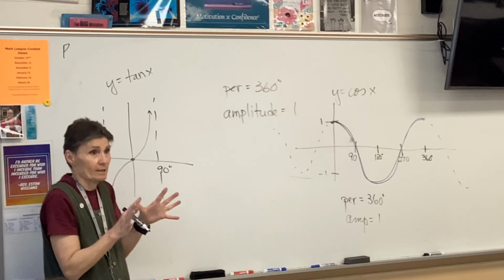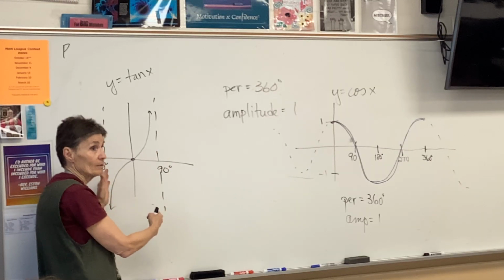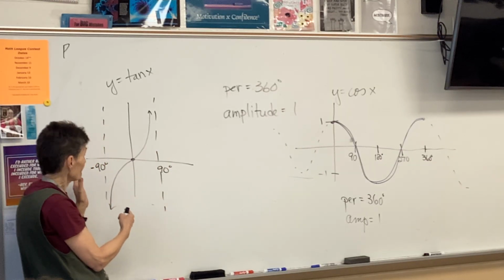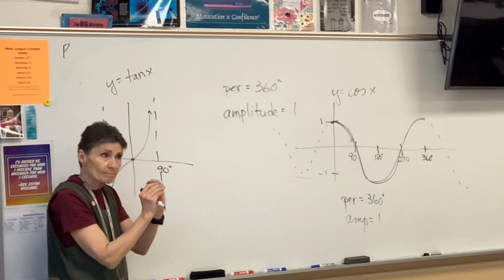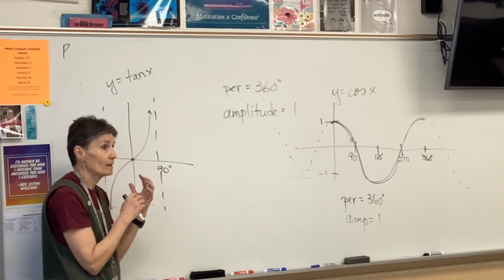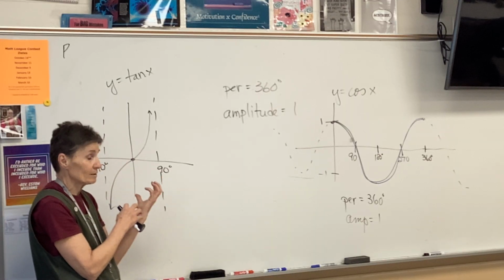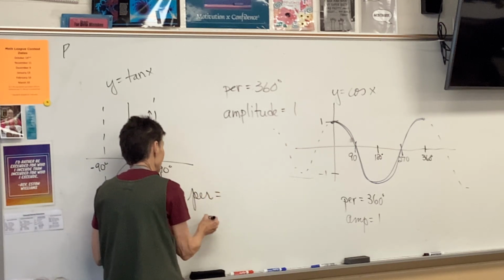Cube. It looks like that, except it's got asymptotes. The cube doesn't. This is your basic standard tangent curve. Now we can change some things about it, but this is what we start with. This is our basic. Tell me about its period.